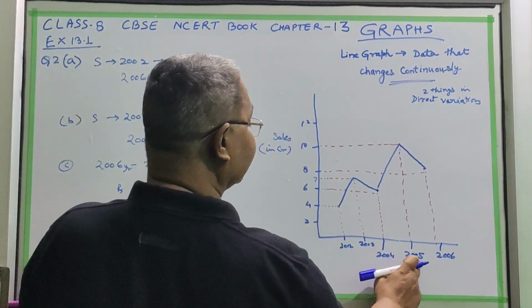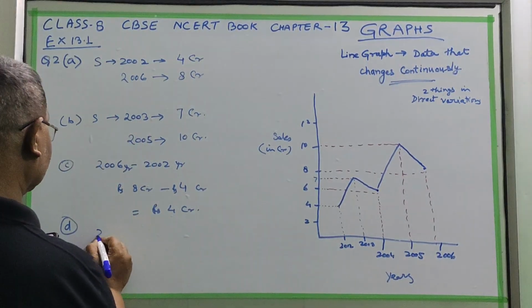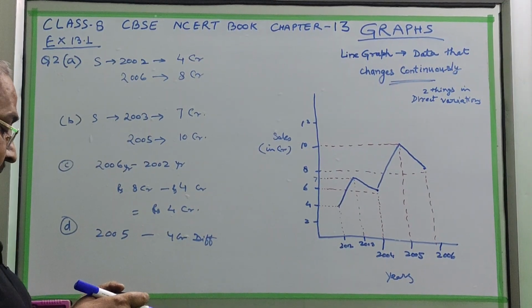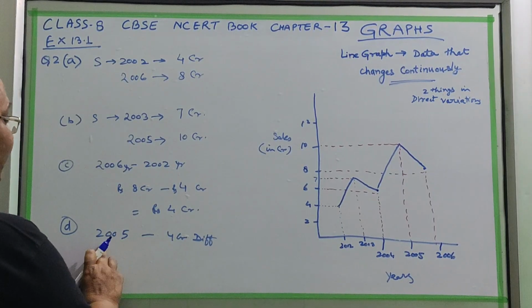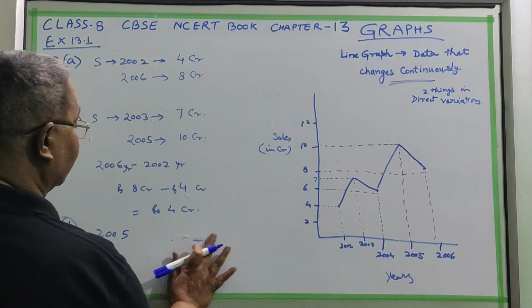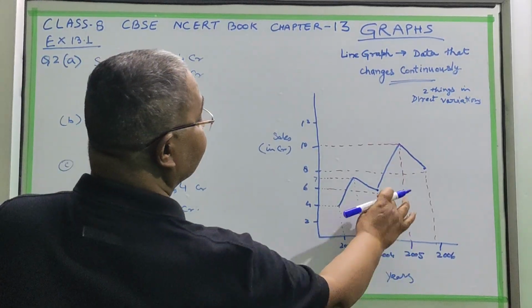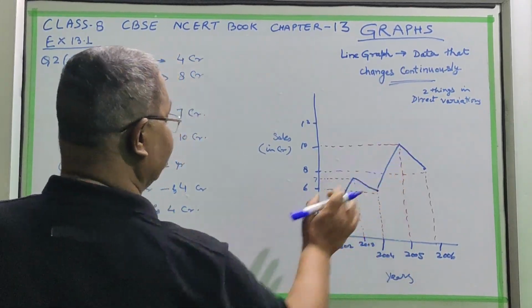So in 2005 it is highest. You have to give the year, not the figure. So in the year 2005, the difference from the previous year is maximum.